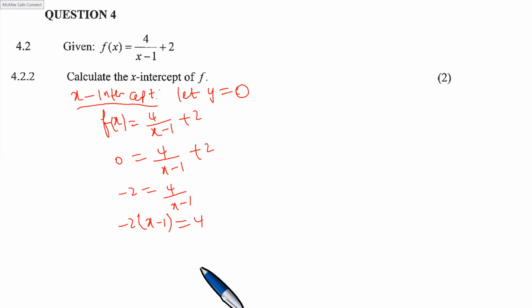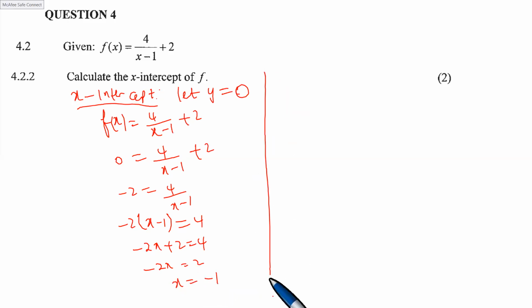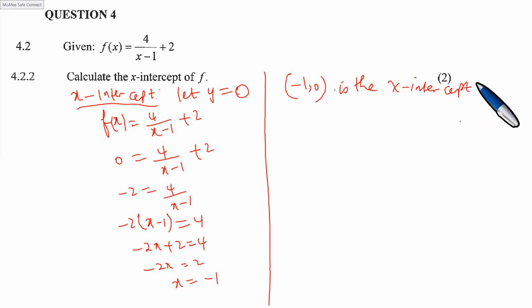You distribute, which is minus 2x plus 2 equals 4, so minus 2x equals 2. You divide, which means x is equal to minus 1. Therefore this is the x-intercept, which can also be written as a point like this, minus 1, 0. So we have this. All right, next question.